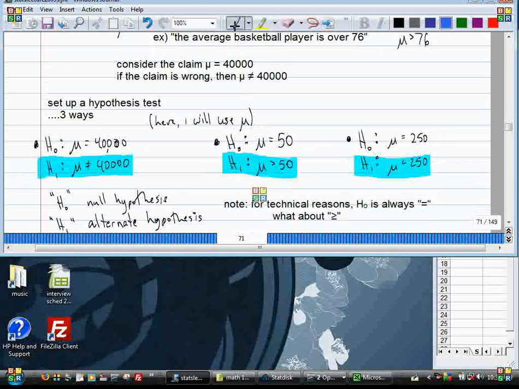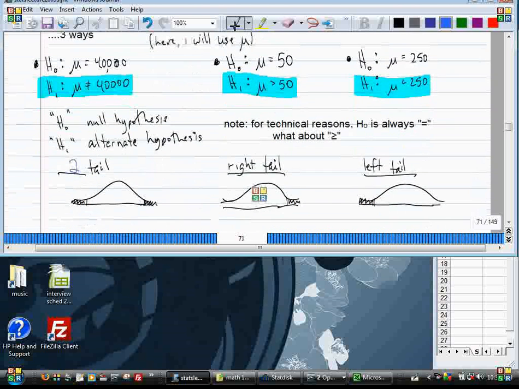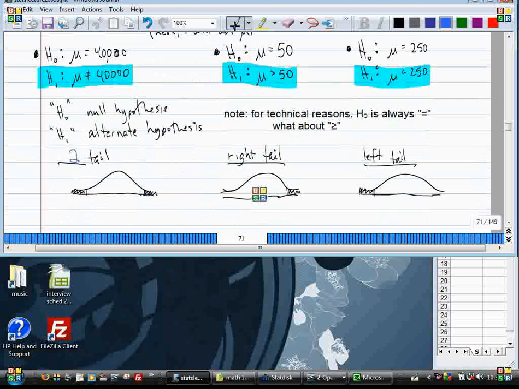So the only tricky bit comes with the first case, not equals. Not equals is the same as saying it could be greater than or it could be less than. So you shade the tails.